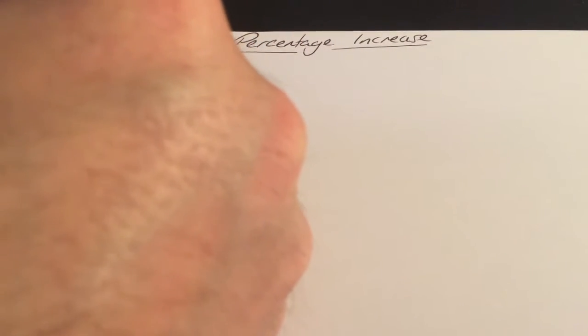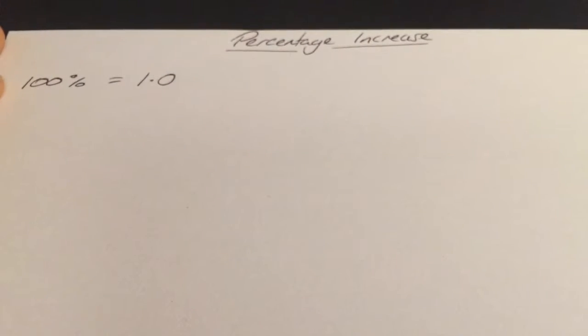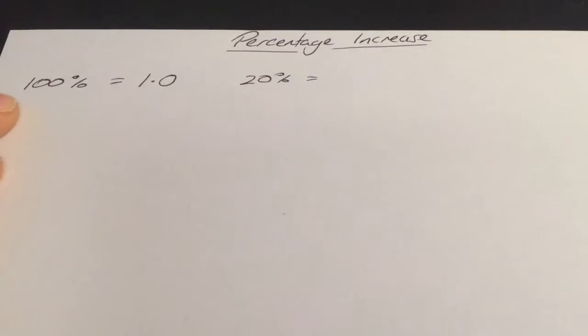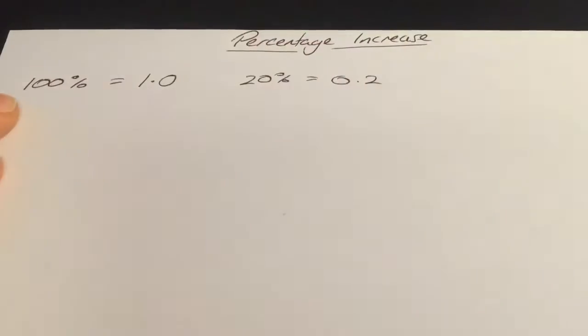Let's say 100% is the equivalent of saying 1.0 or 1.00, or whatever it is in decimals. You could carry on with the zeros afterwards. For example, 20% is 0.2 as a decimal fraction, or 0.20.